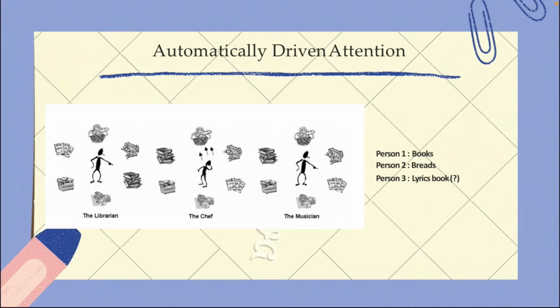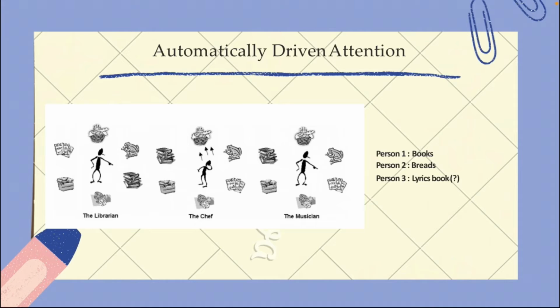Then they used three different applicants with different backgrounds: a librarian, a chef, and a musician. The first, the librarian, pointed at a stack of books. The second, the chef, looked at a variety of bread.